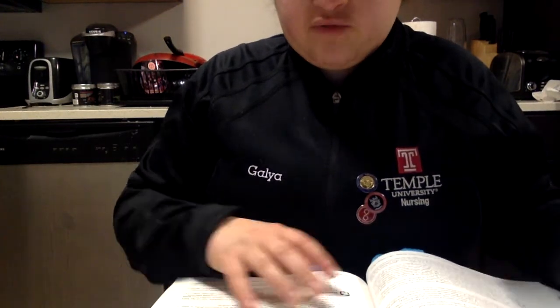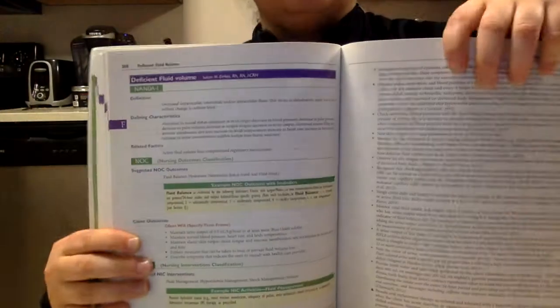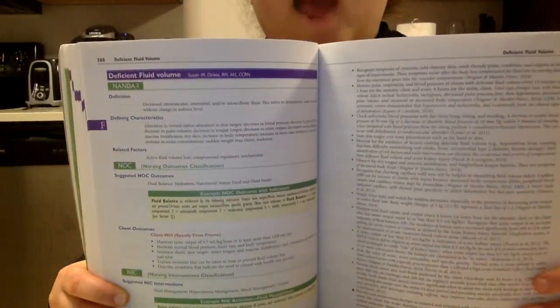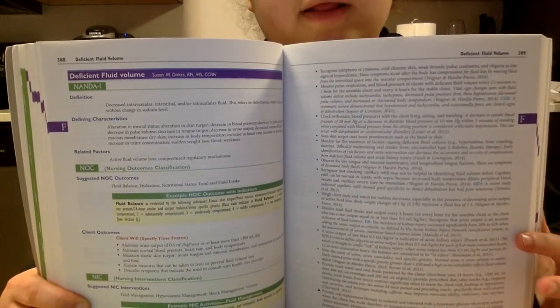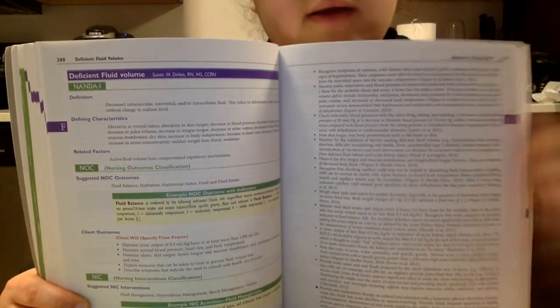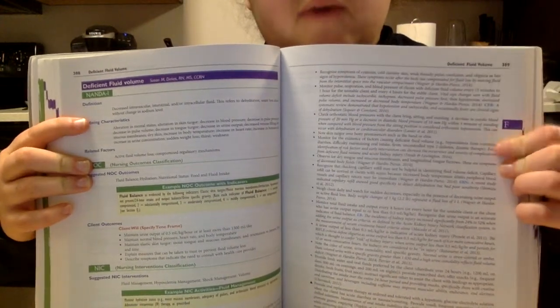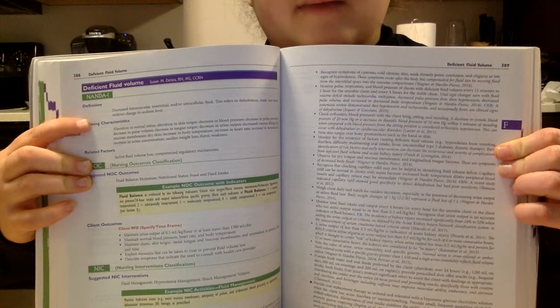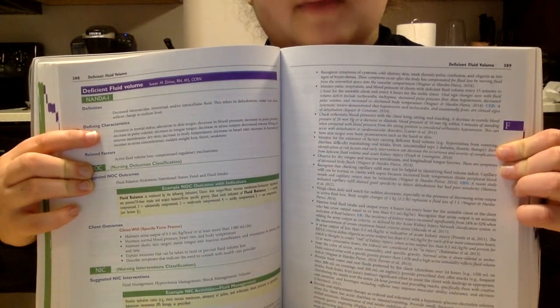So basically, we're looking for deficient fluid volume. I found it. It's right here on page 388. Now remember, you can do this with any of your medical diagnoses and any of your nursing diagnoses. This is just an example. So you're going to look at your definition for deficient fluid volume and say, oh, okay, that does sound like my patient. And then you're going to look at the defining characteristics.